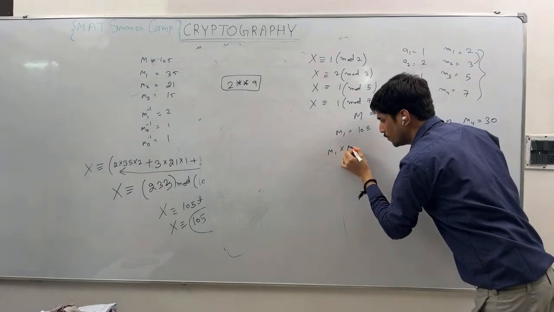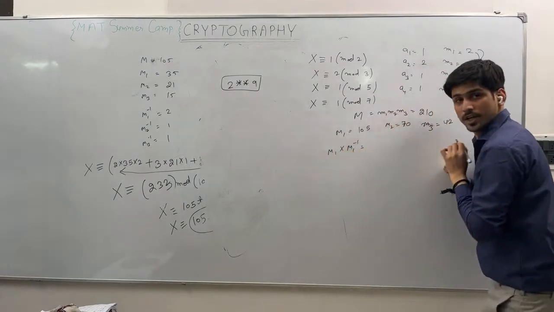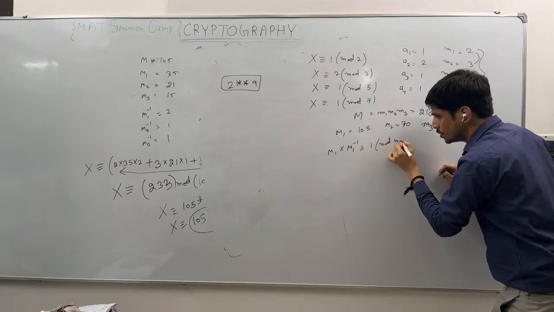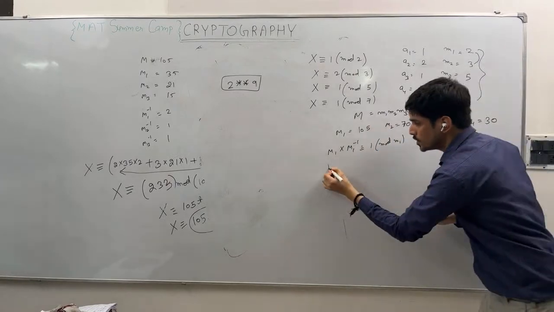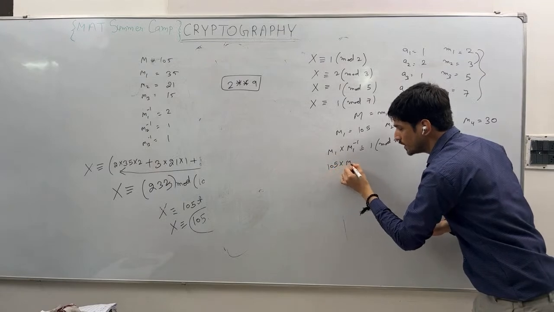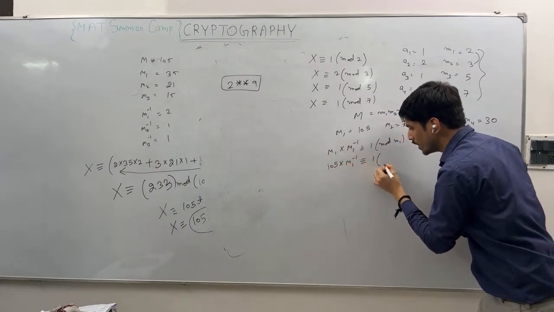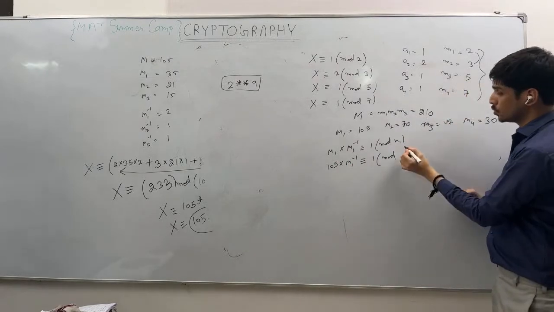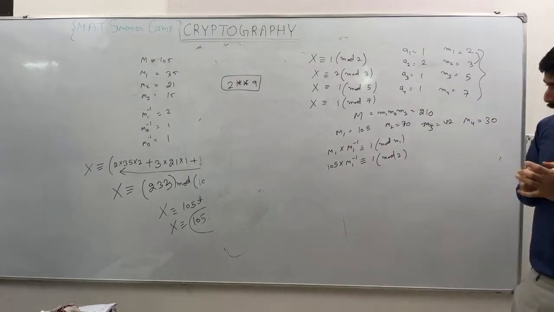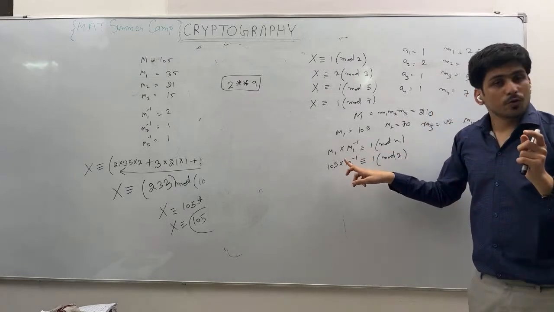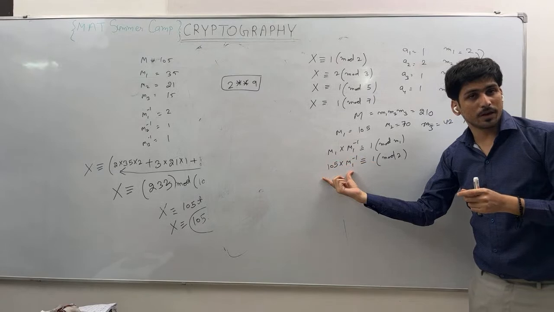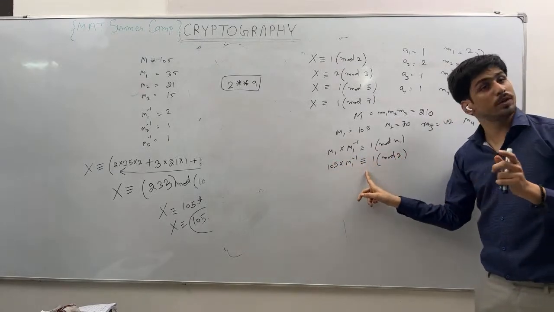Let's see how you find it. M1 times M1 inverse is congruent to 1 mod m1. You see, what is capital M1? 105 into what is M1 inverse? Then we have 1 mod. What is small m1? That is 2. Now you see, I want to put such a value of M1 inverse that if I divide the left hand side number by 2, the remainder should be 1.